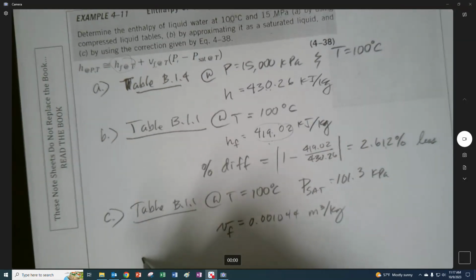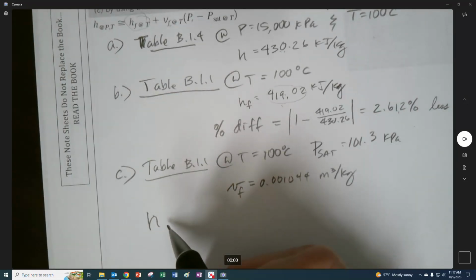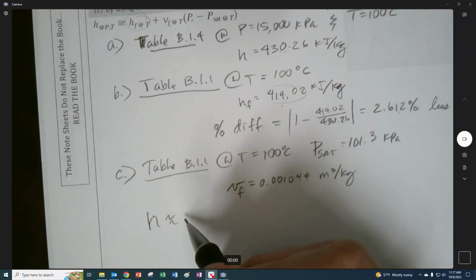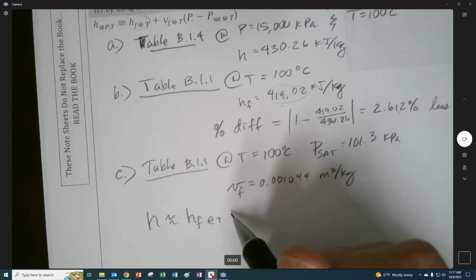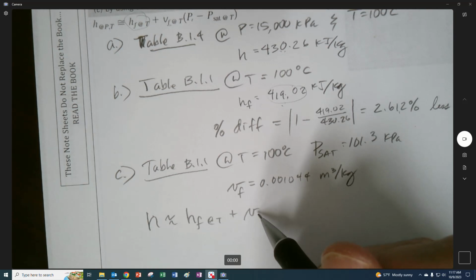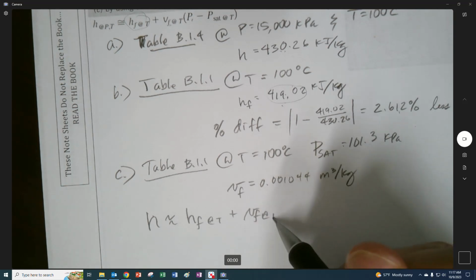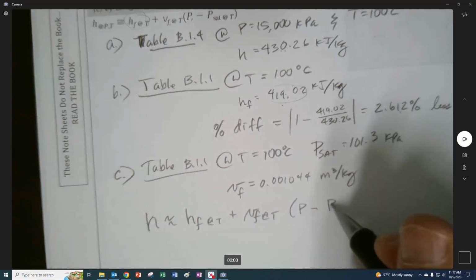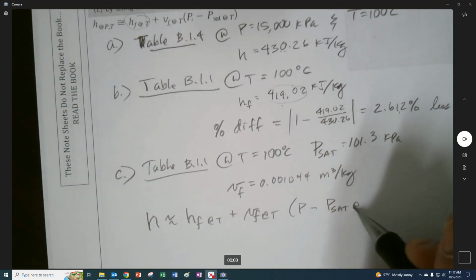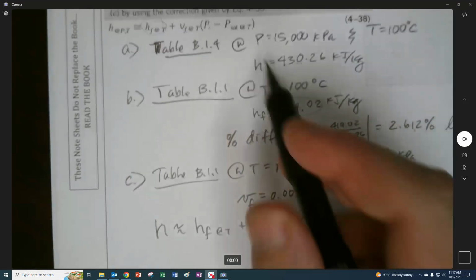So we could say that our H estimation is going to be HF at T plus VF at T times P minus P sat at T from what we have. That's right up above.